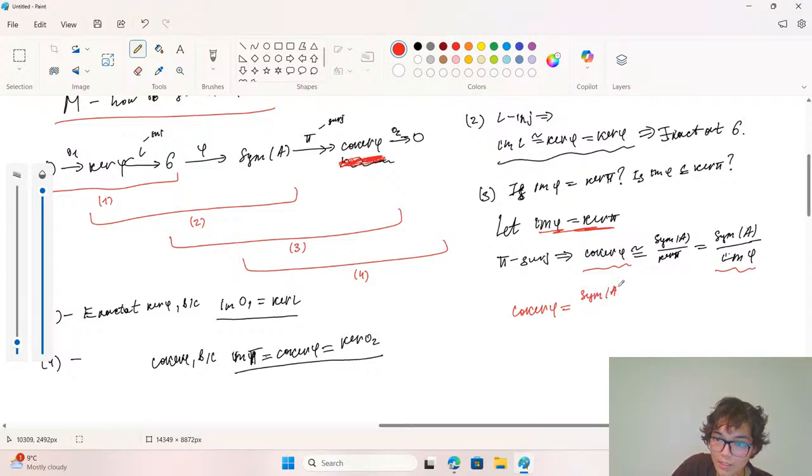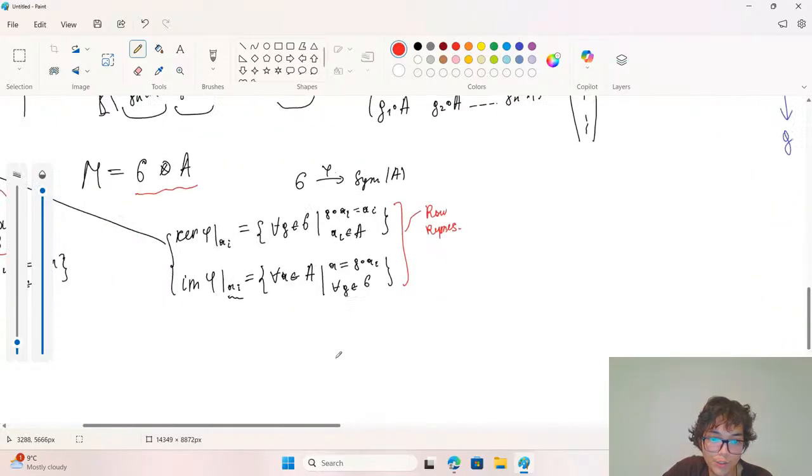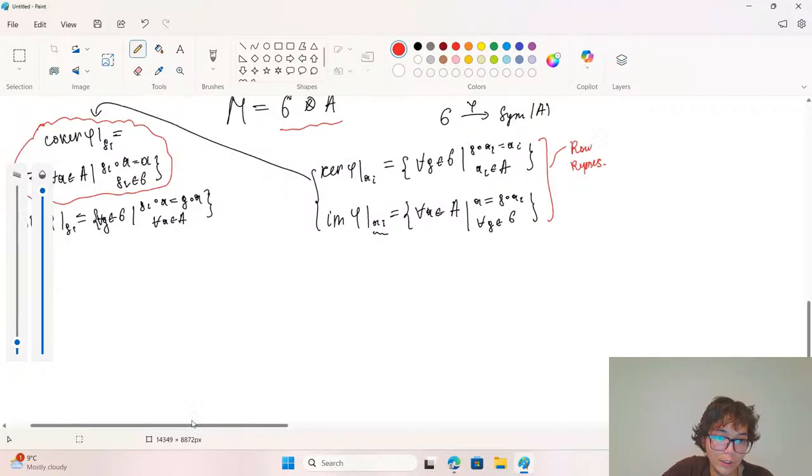Because we're factorizing by the images. What does it mean that we factorize by the image of phi? Because the image of phi is all the permutations, maybe it will give some information about our previous definition of co-kernel, because it's only for the local structure.